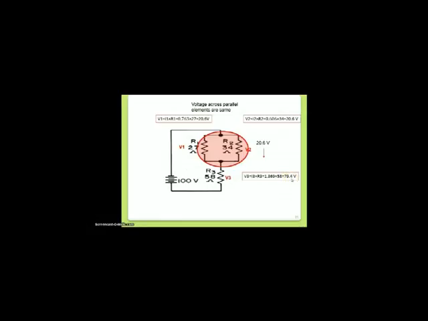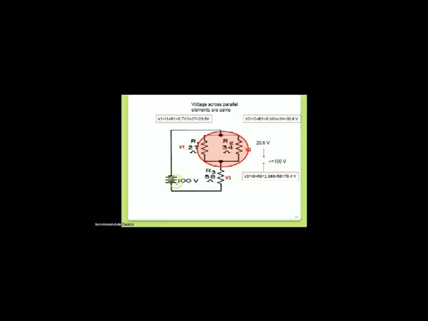Let us check one more point here. 20.6 is the voltage of the parallel branch and 79.4 is the voltage of the series element. Now, if you add the two voltages, you will get back 100 volts, which is the total supply voltage.